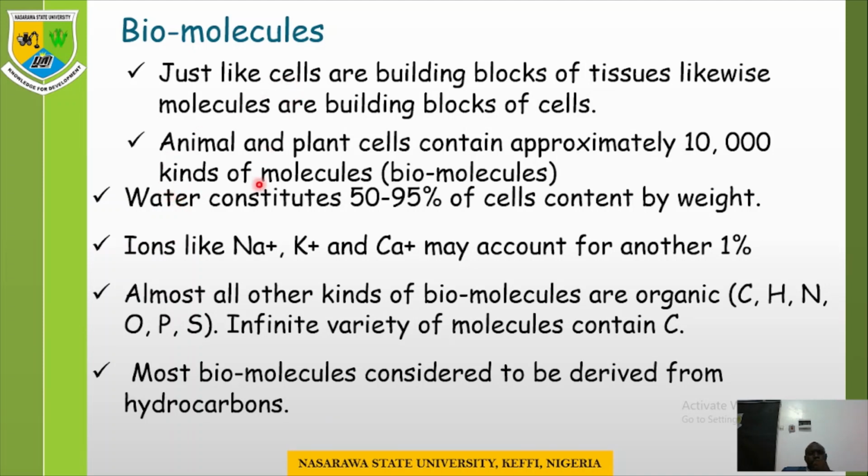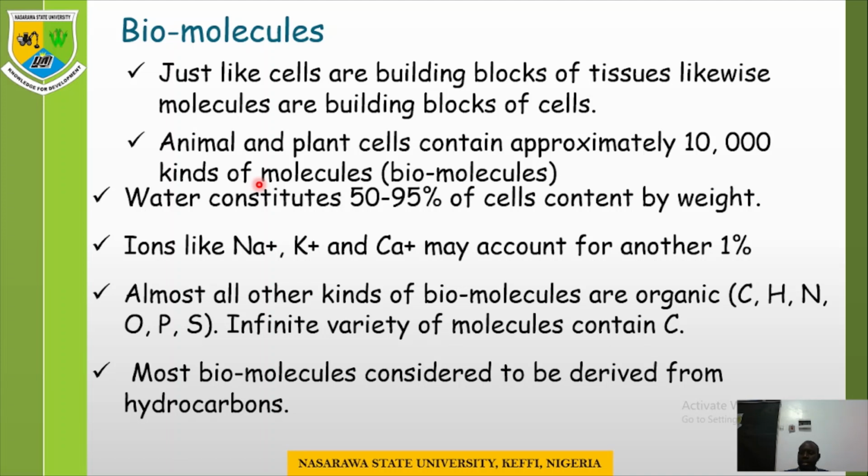Biomolecules. Just like cells are building blocks of tissues, cells are made of elements, as I earlier mentioned, which come together to form the bases. We call them nitrogenous bases. The combination of these nitrogenous bases will give you, for instance, the DNA and the RNA.